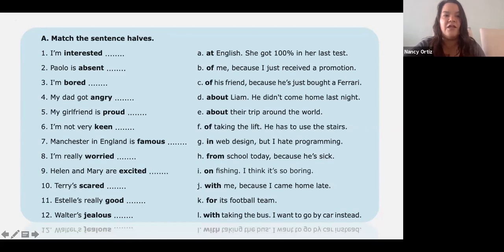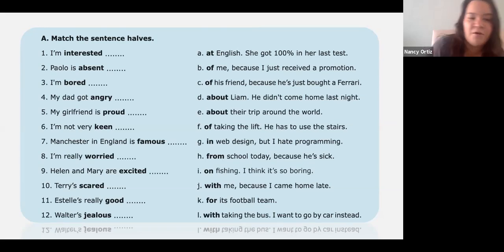So this is a discovery activity in which we are studying other dependent prepositions, discovering from the other part of the sentence which preposition goes with a particular verb. Now you know interested goes with in, absent goes with from, etc.